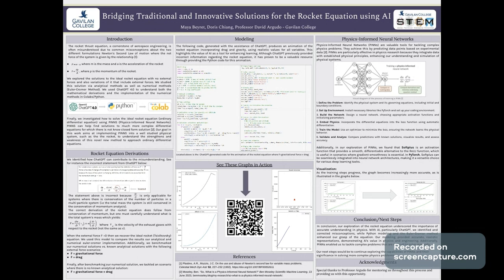We also used ChatGPT to create this animation with realistic variables. Next, we studied physics-informed neural networks, also known as PINNs. A neural network predicts an output based on receiving an input, and it does so using a set of experimental data, which it uses to fine-tune itself to match that.